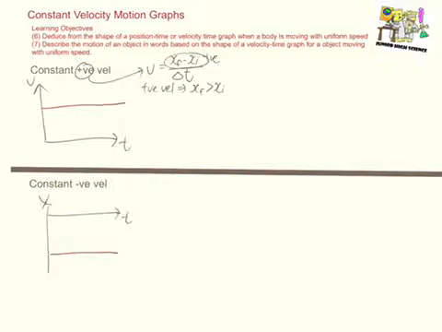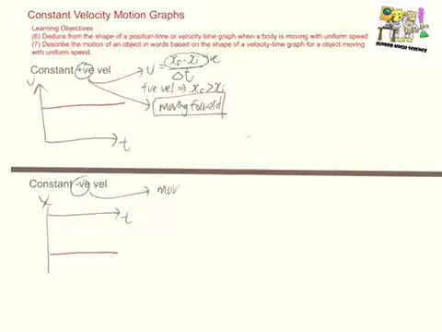So a positive velocity implies that the object is moving forward, and this is one of the very crucial descriptors that you need to use if you were to describe the motion in words. Conversely, a negative velocity implies that the object is moving backwards.